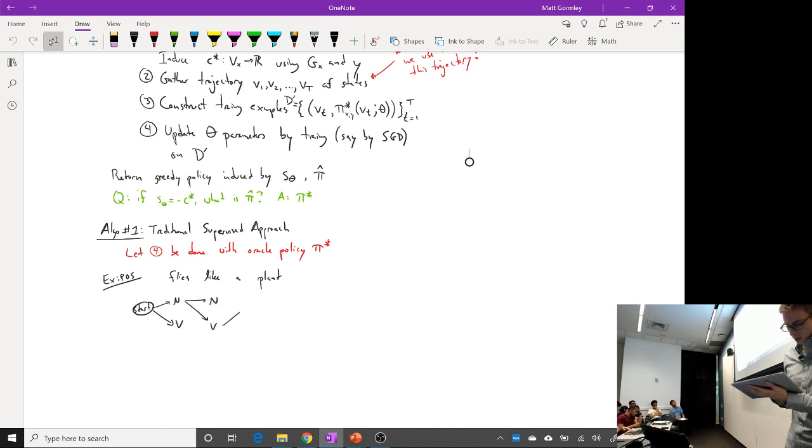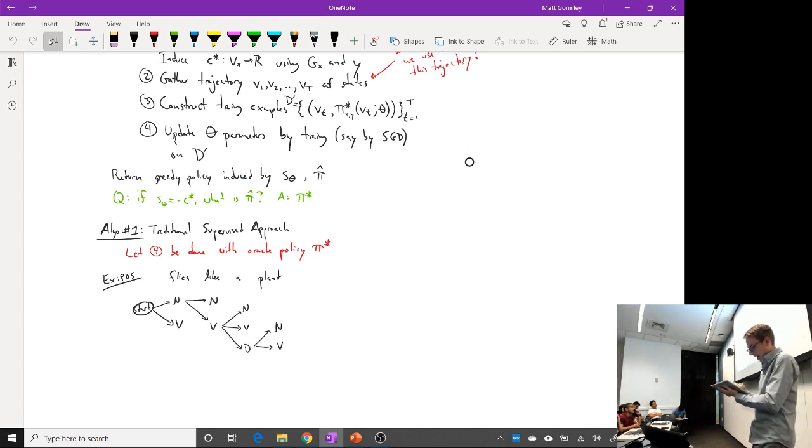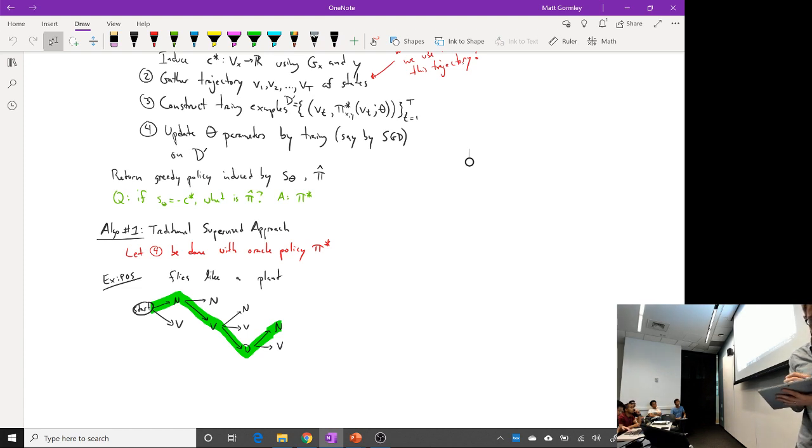determiner, and then noun. Okay. So this path corresponds to the ground truth, and we could actually think of how to use that path to generate our training examples.